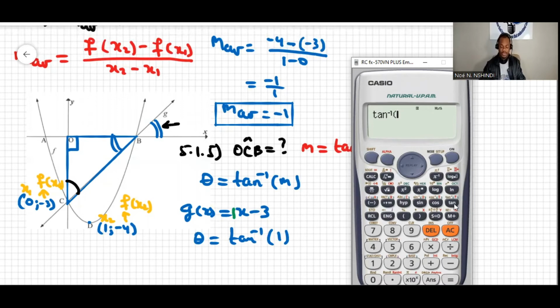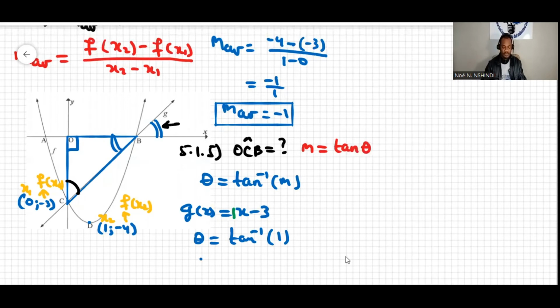Then you get tan inverse of 1. This is equal to 45. Therefore, the angle OCB is equal to 45 degrees. So we know this angle is just 45 degrees.